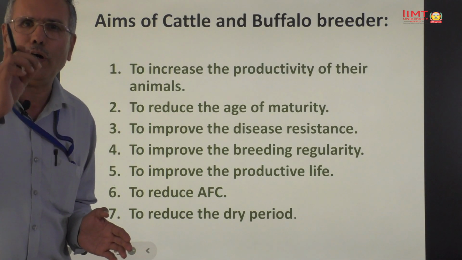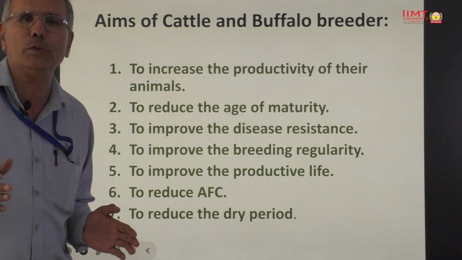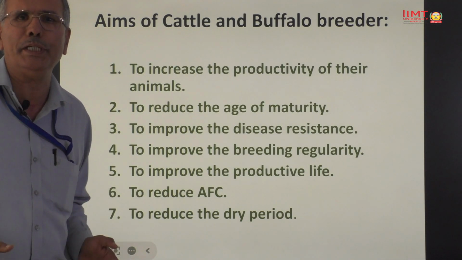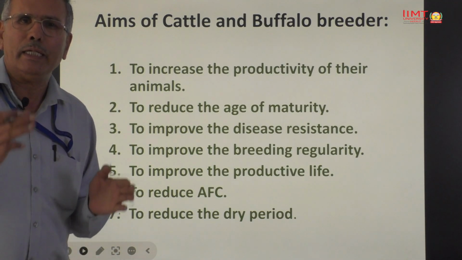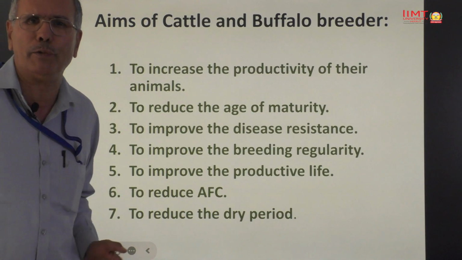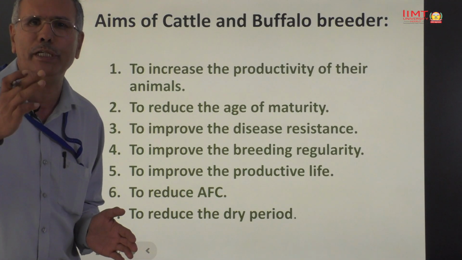The age of a female at the time of first heat is known as age at maturity of a female, or age of a male at the time of first ejaculation of semen is known as age at maturity of a male.